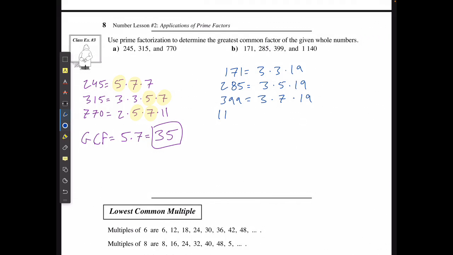And 1140 is going to be the same as 2 times 2 times 3 times 5 times 19. What's the same with all of them? They all have a 3. They all have a 19. Three times 19 means that they're all divisible by 57.